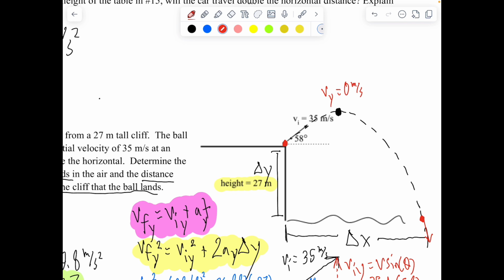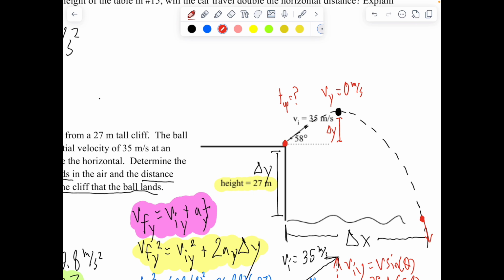If you do that, you can solve for the time it takes to go up, the time it takes to reach the peak. You can use that then to solve for how high up it goes. This could be your delta y. You could solve for the height at the peak and get your time it takes on the way up.